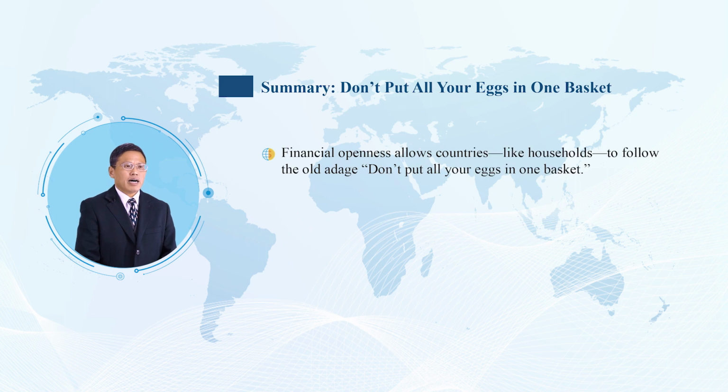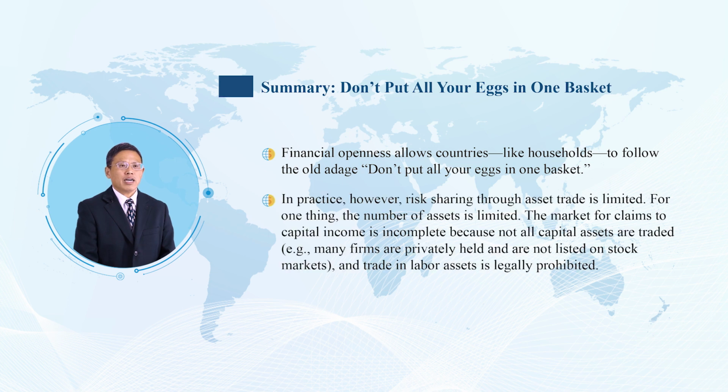Financial openness allows countries, like households, to follow the old adage: don't put all your eggs in one basket. In practice, however, risk sharing through asset trading is limited. For one thing, the number of assets is limited. The market for claims to capital income is incomplete because not all capital assets are traded.